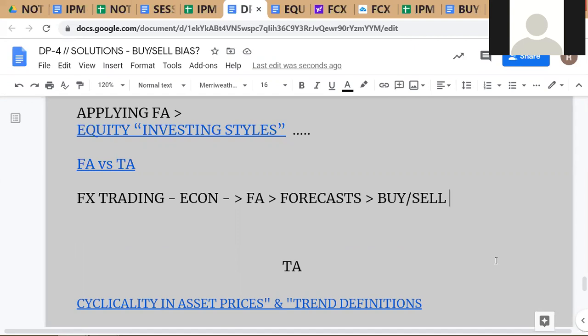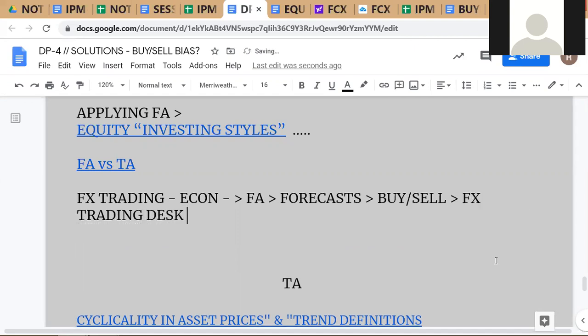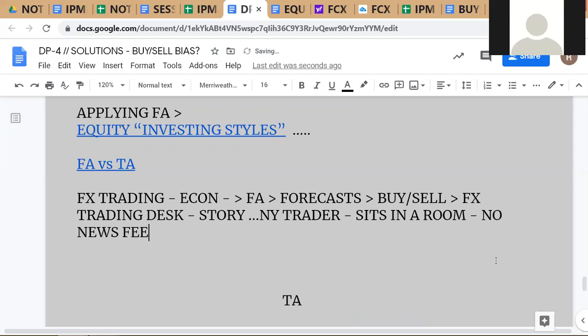Now what I found was, when I'm on the foreign exchange trading desk, I read a story about a guy in New York. The New York trader sits in a room with no news feed, only live charts.